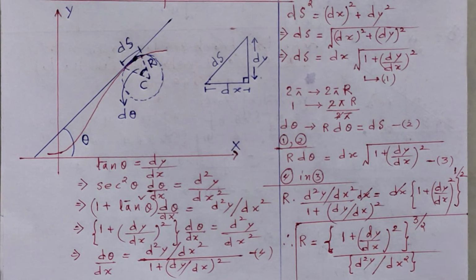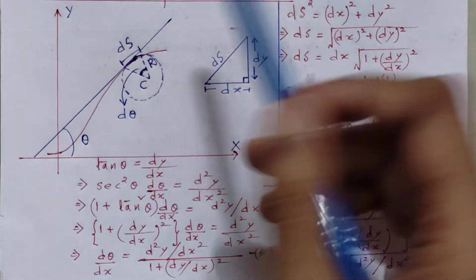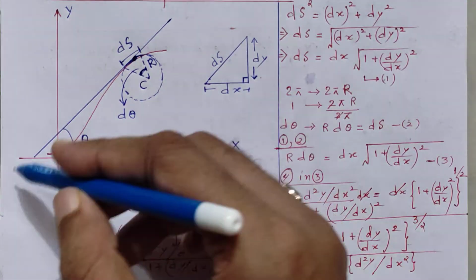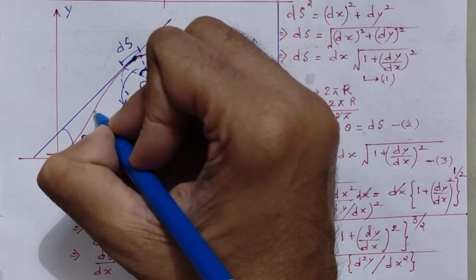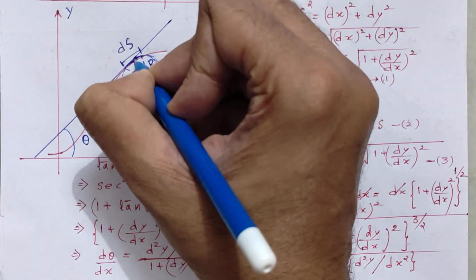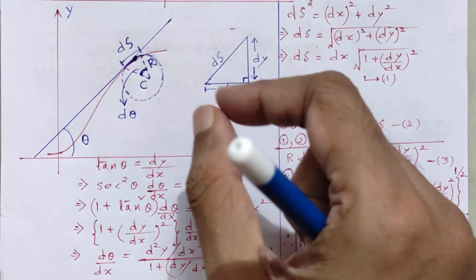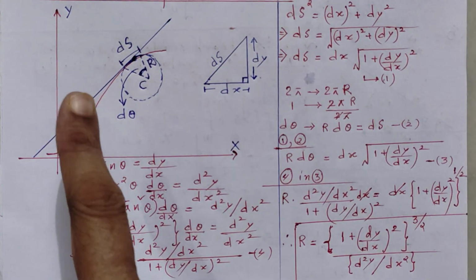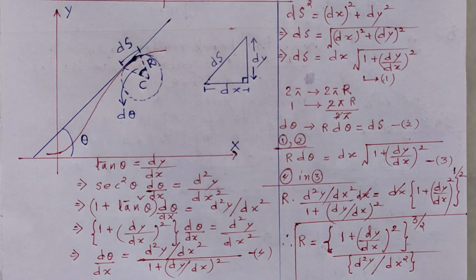Okay, so very important concept, that if you consider a curve, once again if I summarize, if you visit any particular point on the curve, each point on the curve can be represented as a part of a circle, and the radius of that circle is the corresponding radius of curvature of that particular point.